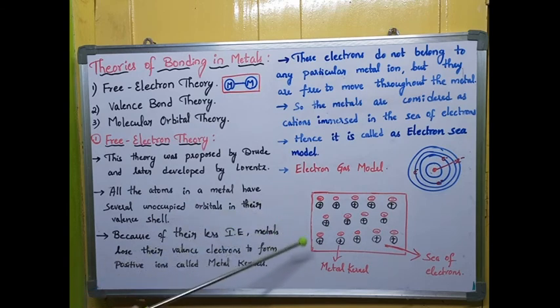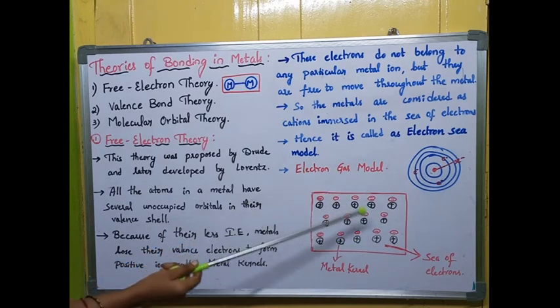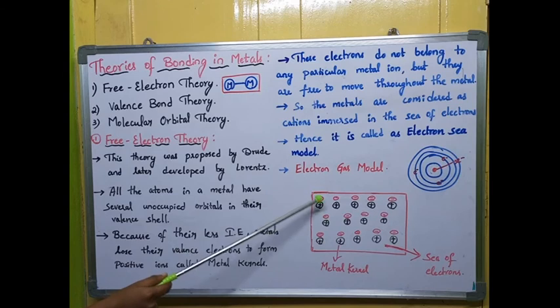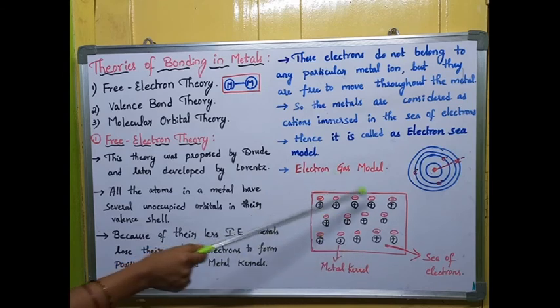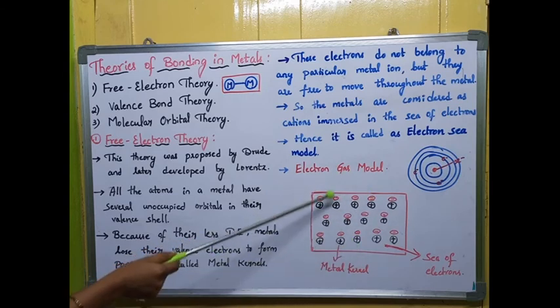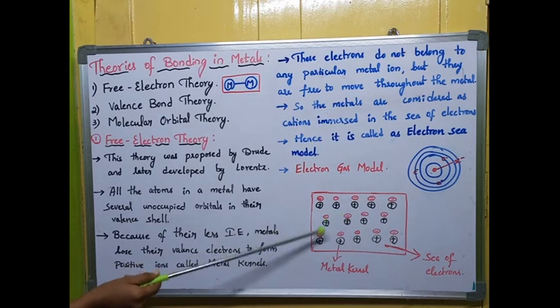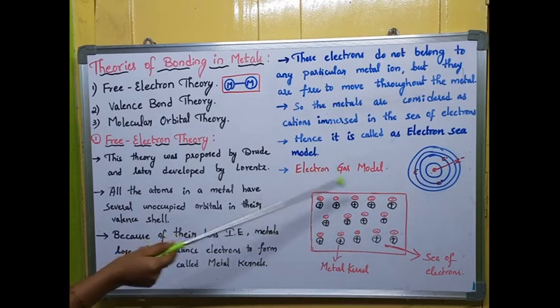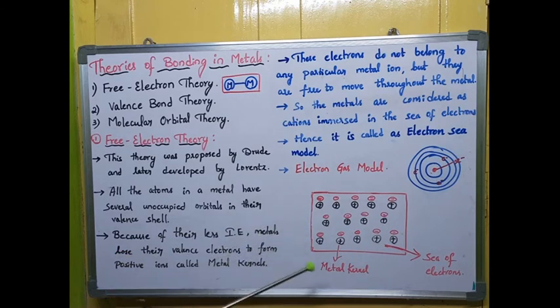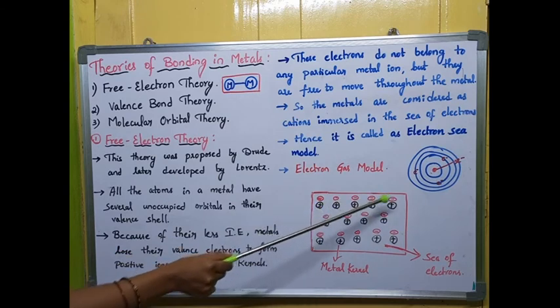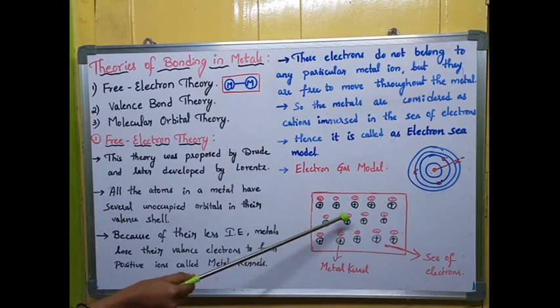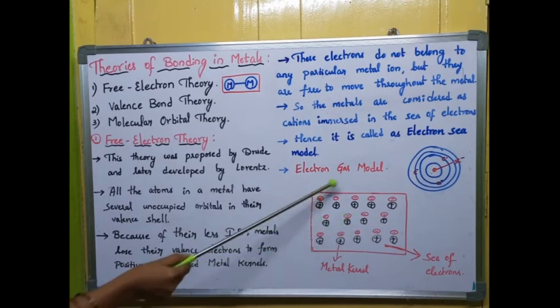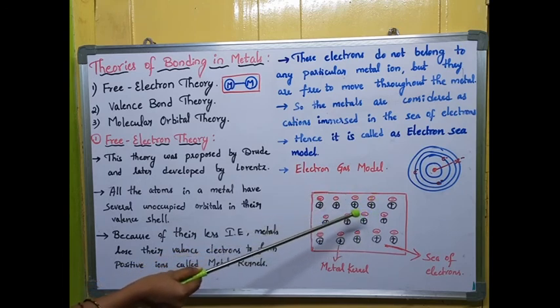It is also called the electron gas model. Why? Because in any gas structure, the molecules are free to move. In the same way here, electrons are free to move throughout the valence orbitals of the metal atoms in the metallic crystal. Due to that it is also called the electron gas model. Next, these positive metal ions readily attract the electrons around themselves.